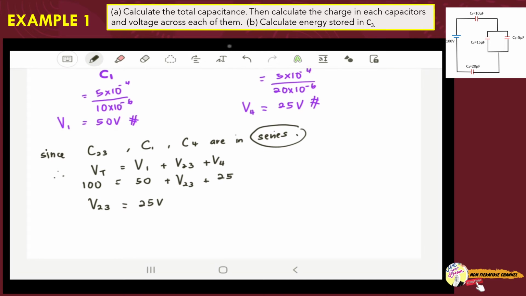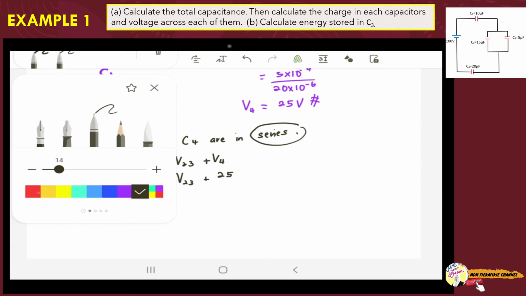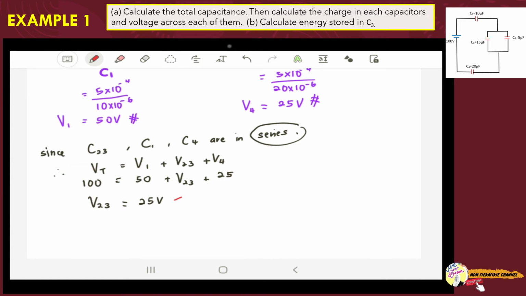Okay, so look at here, since V23, ask yourself, V23 is combination between V2 and V3, right? And they are in parallel. Ini yang you kena tahu, siapa parallel, siapa series. Sebab kita nak gunakan kita punya information about the charge across each capacitor tu sama ke ataupun dia total.